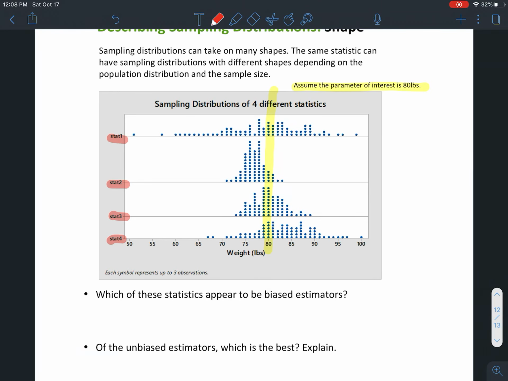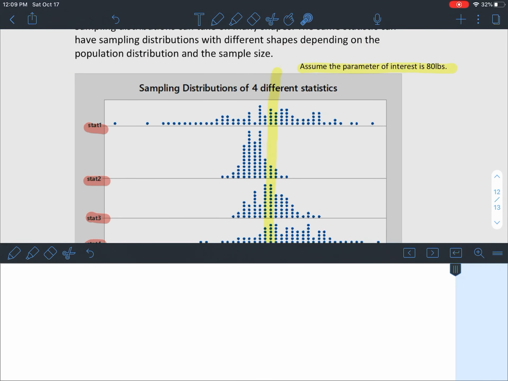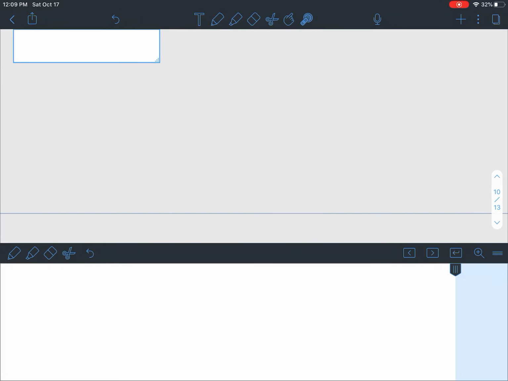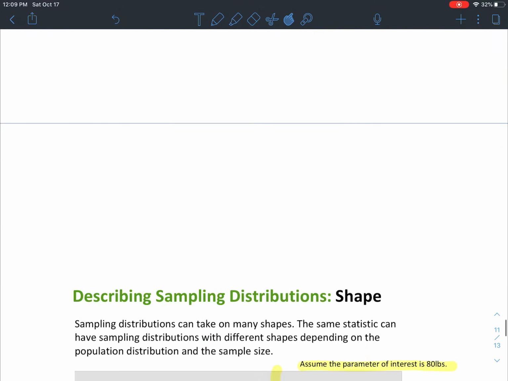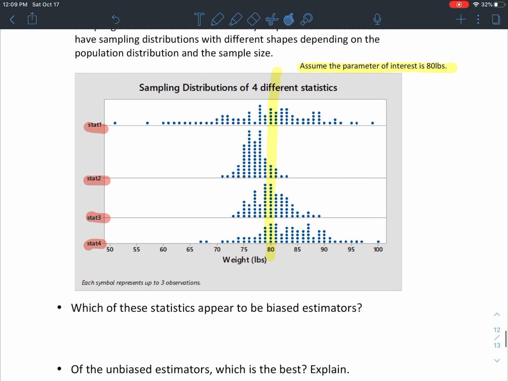Okay, now remember, biased means it's consistently overestimating or consistently underestimating where that true population parameter is actually located. So as we take a look at this here, it kind of feels like maybe the second stat, this graph, see how the majority of these dots are falling to the left of where 80 is?